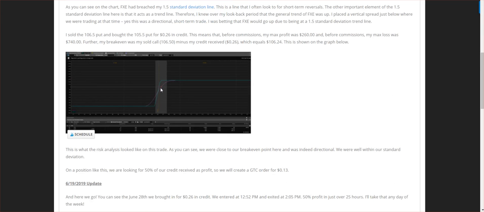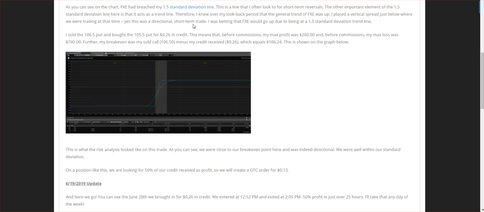I put a credit spread right here for about 10 days out from expiration to give me some time to let the trend work in my favor. I had no idea that I was going to bank 50% overnight, right? 50% overnight. So I took in 26 cents of credit, sold the 106.5 put, bought the 105.5 put.